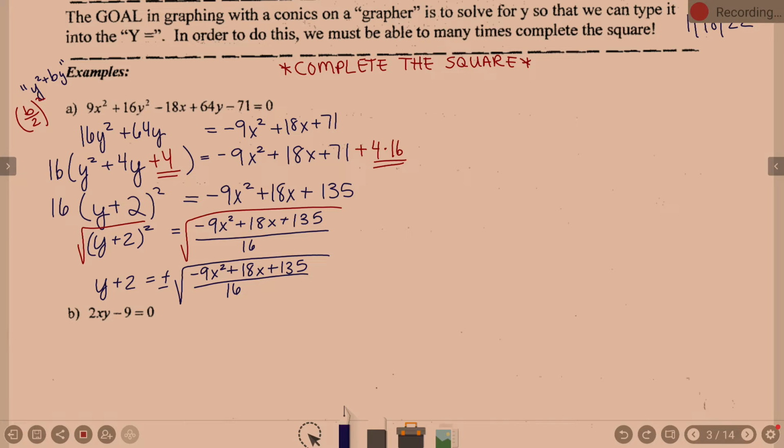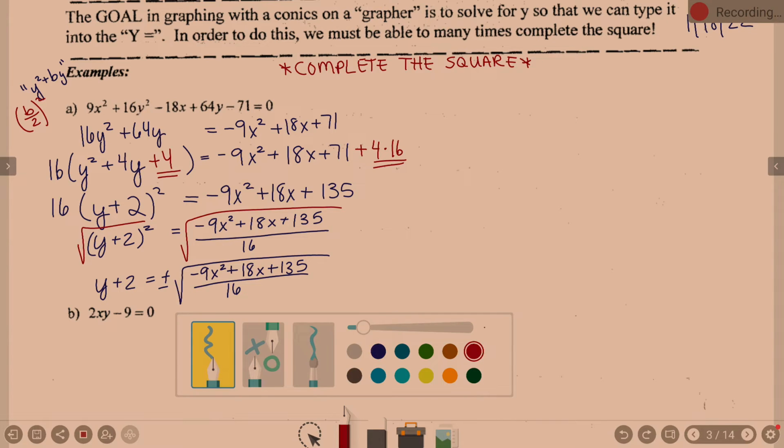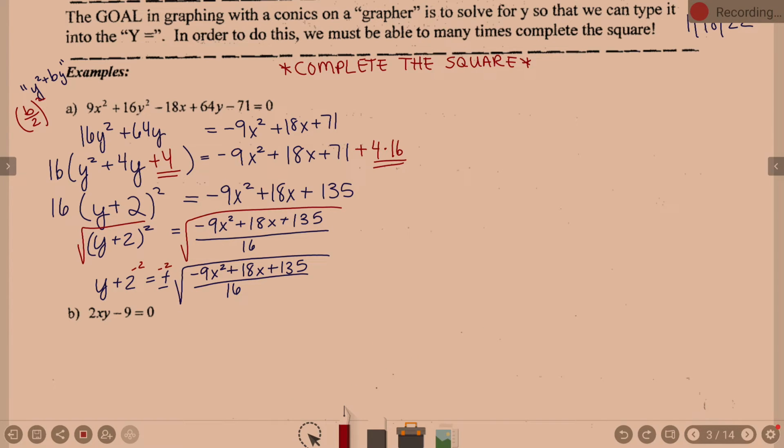And if it's y plus 2, I'm going to subtract 2. If you recall what I've done in the past and what I prefer to do, is I'd like to say y equals, and I'm going to put the negative 2 out front, say negative 2 plus or minus that big square root.